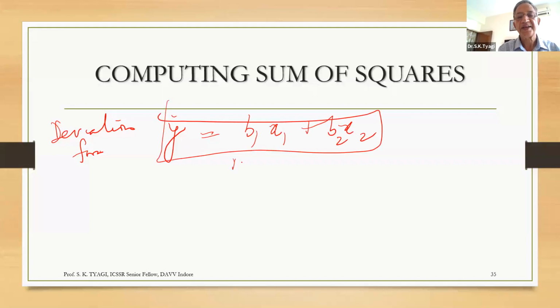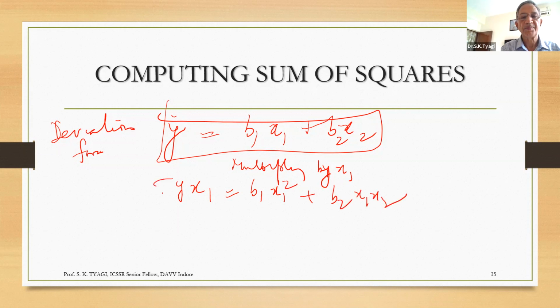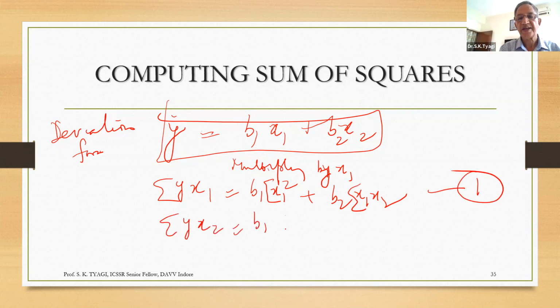Now multiplying this equation first by x1 and then by x2. First by x1: sum of yx1 is b1 sum of x1 square plus b2 sum of x1 x2. This is now multiplied by x2: sum of yx2 is b1 sum of x1 x2 plus b2 sum of x2 square.